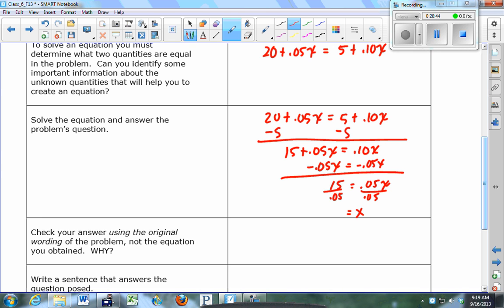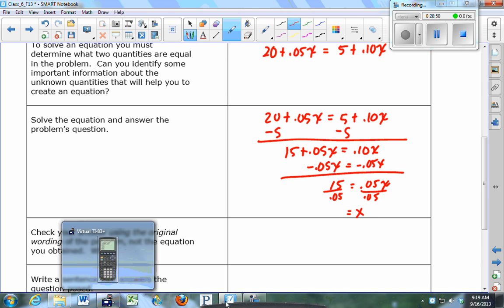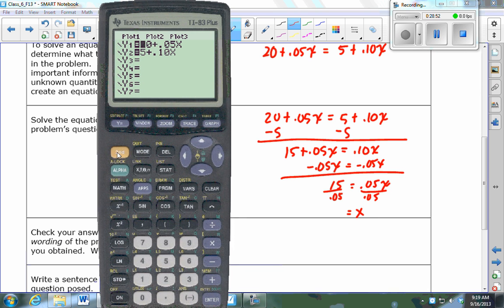75, is that right? Can't be. 15 divided by 0.05.